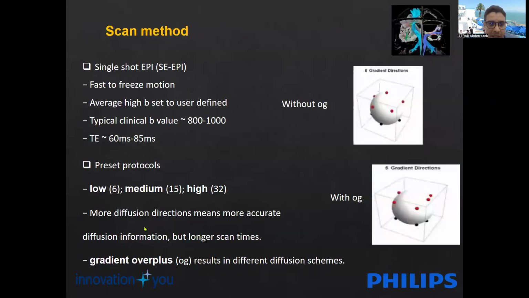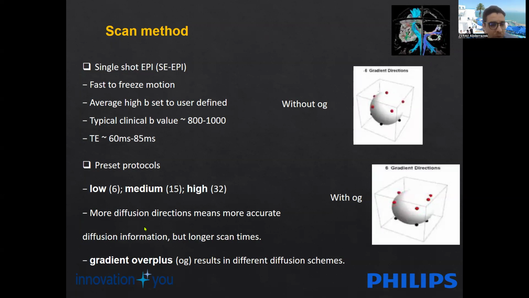Concerning the scan mode used on the Philips machine, we can use a single shot spin echo with echo planar imaging, which is fast and freezes motion. Also, the high b set is user defined, so you can use different b-values.